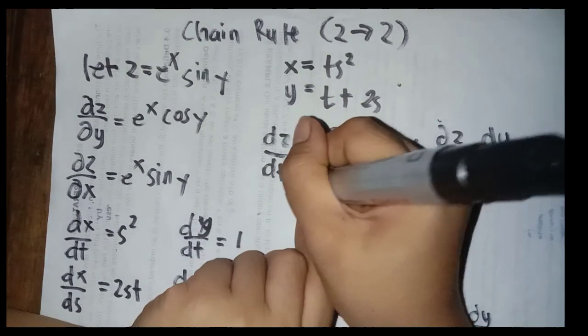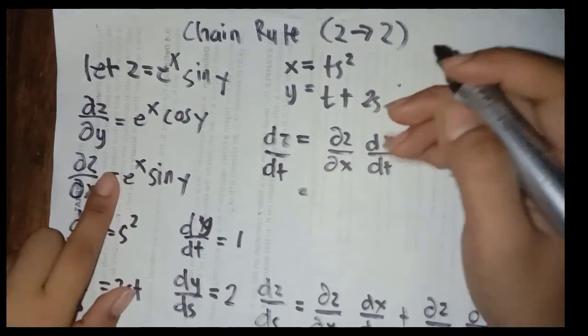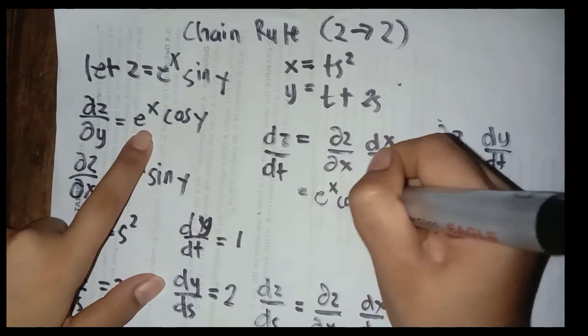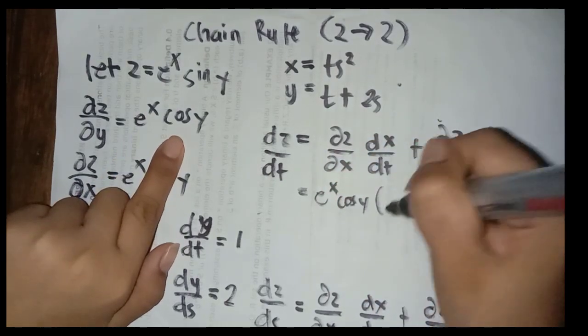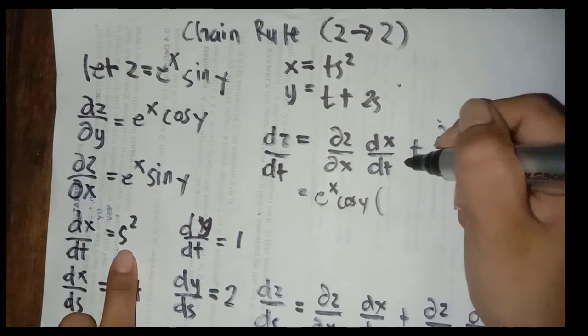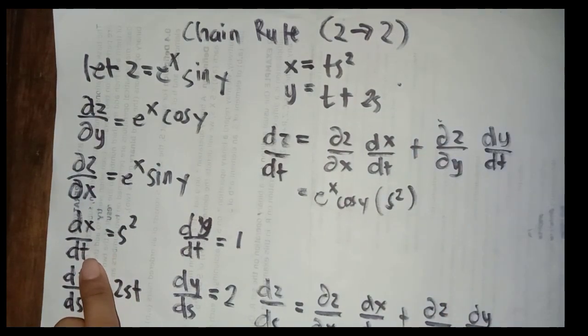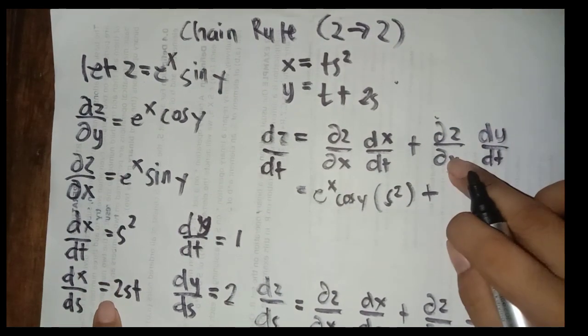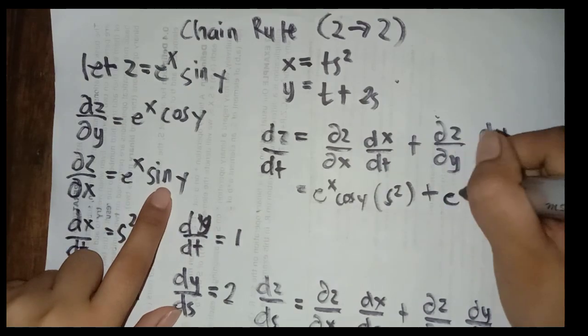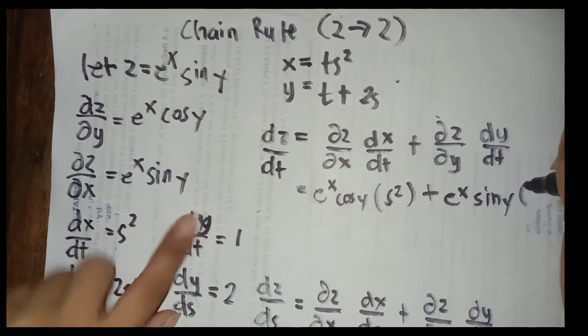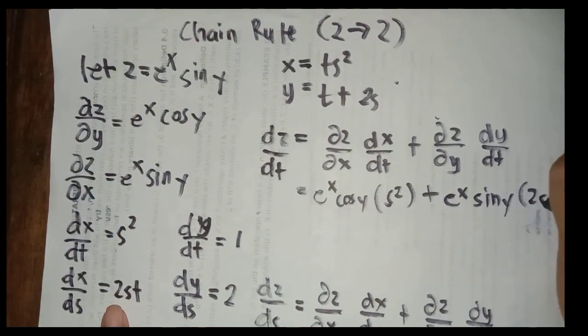Then we will substitute this part first. So this part will be e raised to x cos y times the dx over dt, which is just s squared, plus the dz over dy, e raised to x sine y, then our dy over dt is 2st.